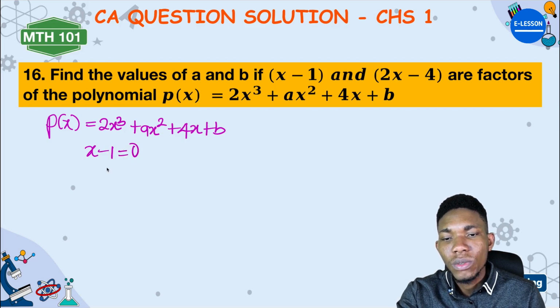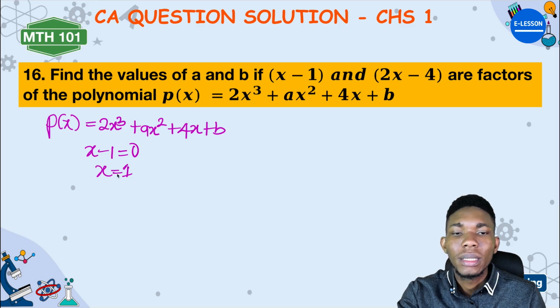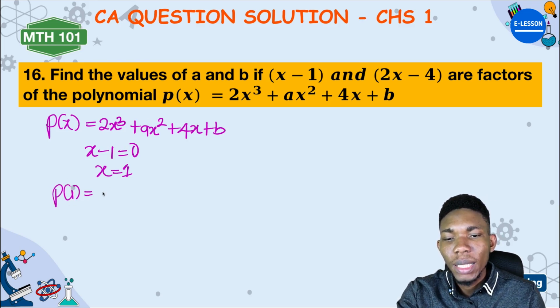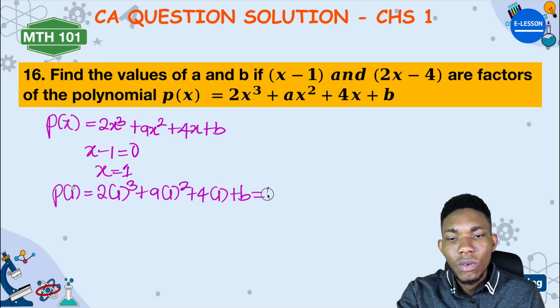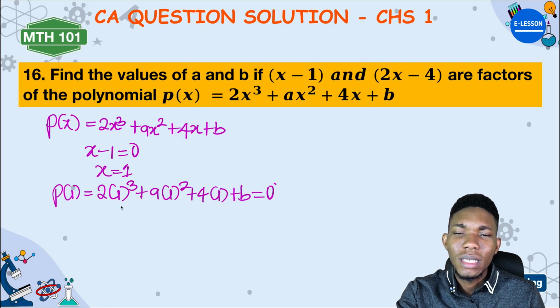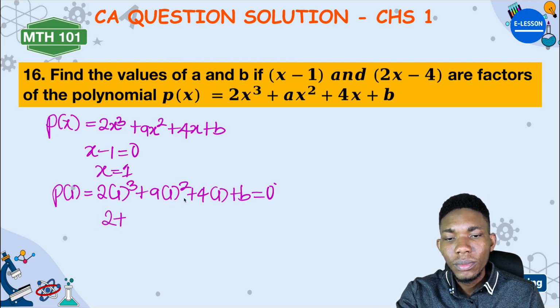So what are the values we get from the factors? x minus 1, let us equate it to 0. So x is equal to 1. If you put x equals 1 into this equation, the answer is supposed to give us 0. So p(1) gives us 2 times 1 to the power of 3, plus a times 1 squared, plus 4 times 1, plus b, equals 0. 1 raised to the power of 3 is 1, times 2 is 2. 1 squared is 1, times a is a. 4 times 1 is 4, plus b equals 0.